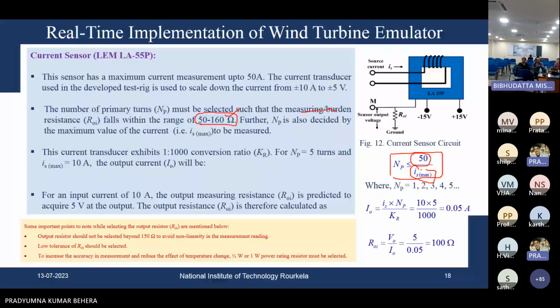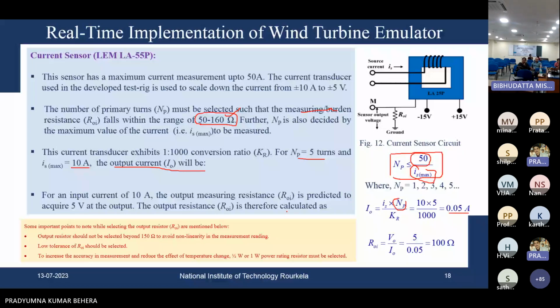And this current transducer exhibits a conversion ratio of 1:1000. So for 5 turns and 10 ampere current, the output current will be I0 equal to Is into number of turns by the conversion ratio, which comes to be 0.05 ampere.